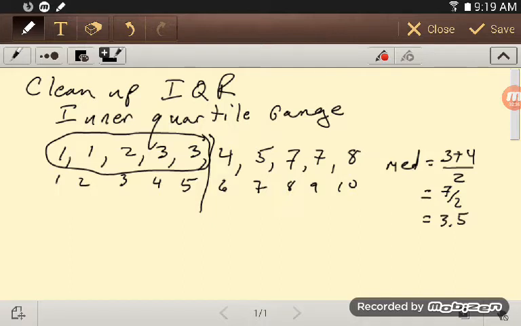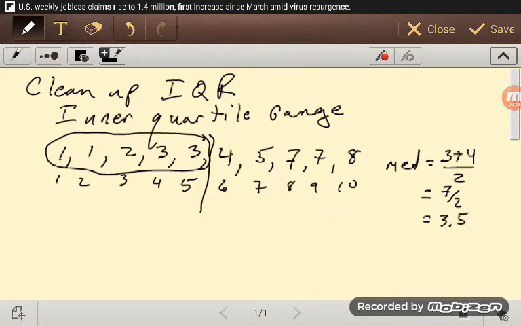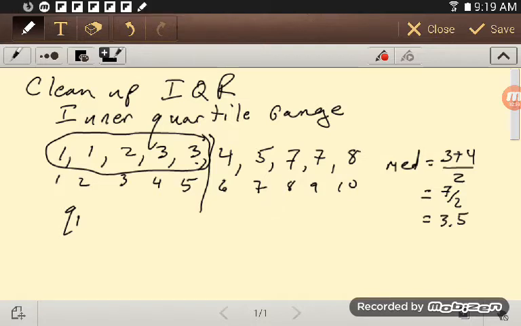We're not going to get rid of that 3 nor that 4 that we used in finding the median. We're going to take that whole half, and we're going to compute Q1, the first quartile, and the median, by the way, is the second quartile.